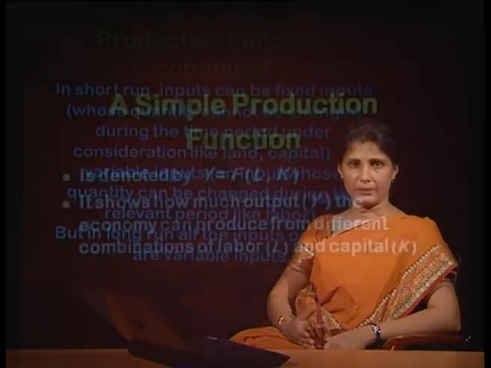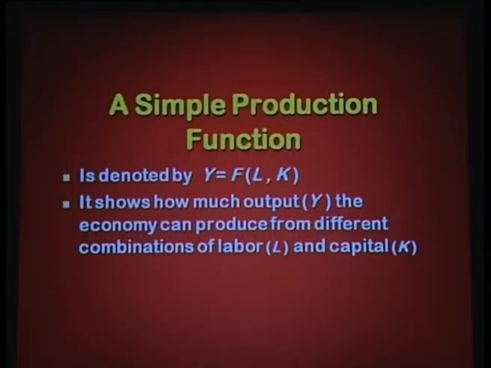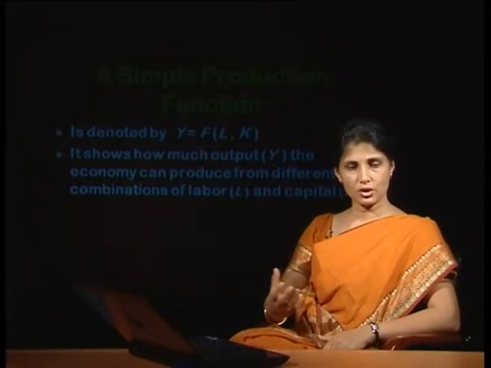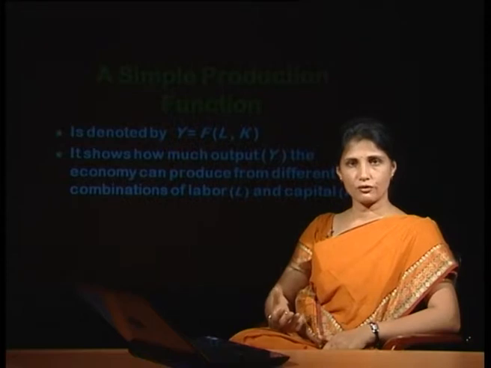A simple production function is denoted by Y = f(L, K). That is, Y is a function of labor and capital. It shows how much output Y the economy can produce from different combinations of labor and capital. So here we are representing the production function in the functional form. The functional form shows how the total output produced is related to the various inputs.